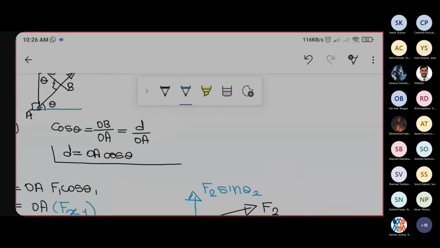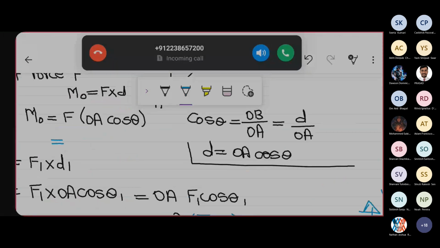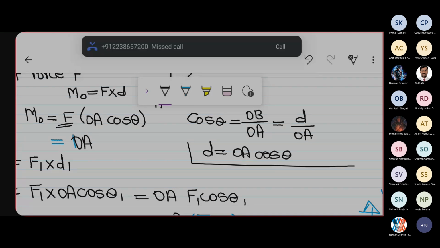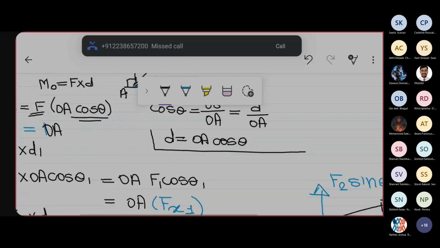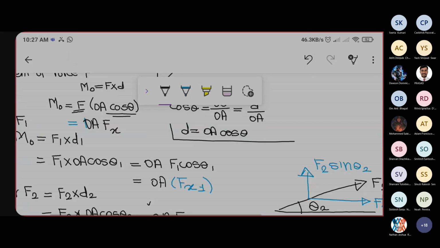Similarly, here also we can write force in x direction, similar to F1 cos theta. Okay, let's give this equation number 1.